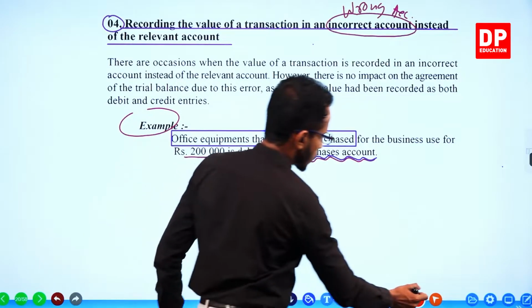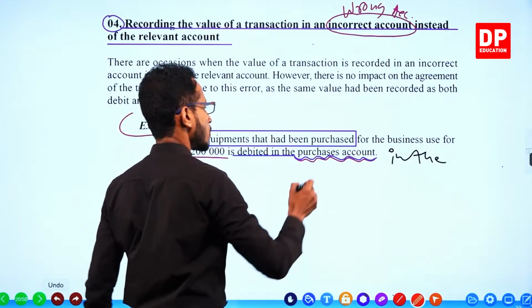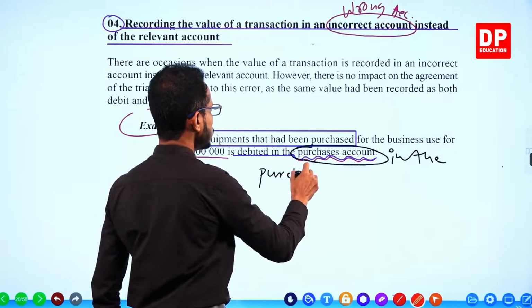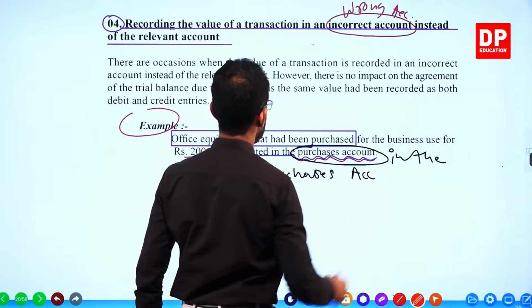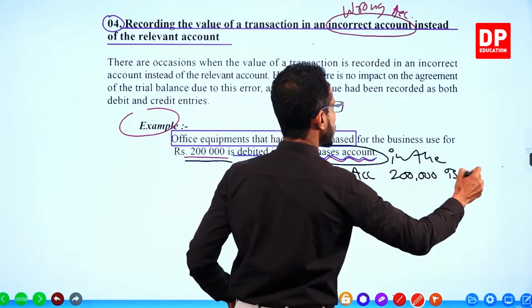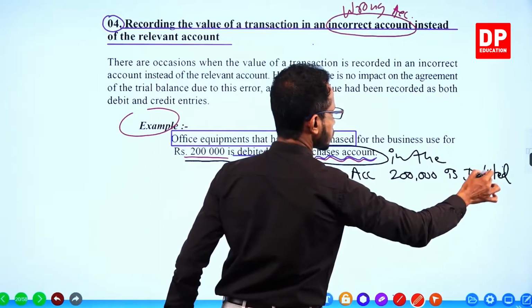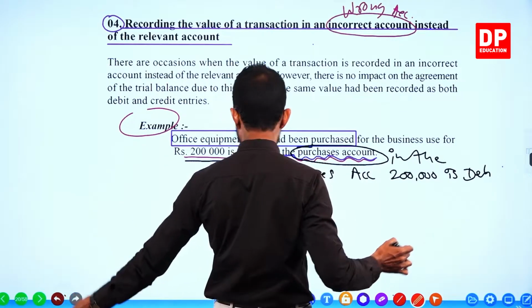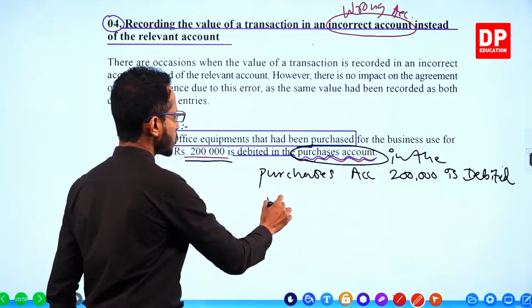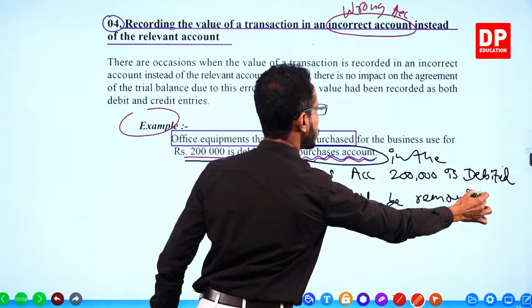What is the error? In the purchases account, $200,000 is debited, which should be removed.